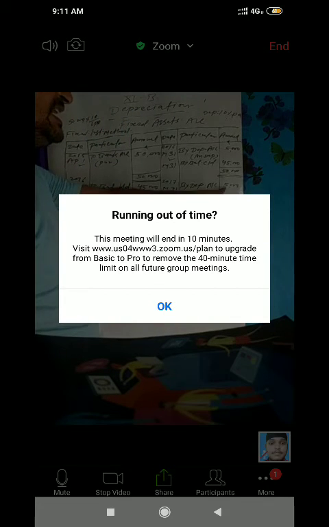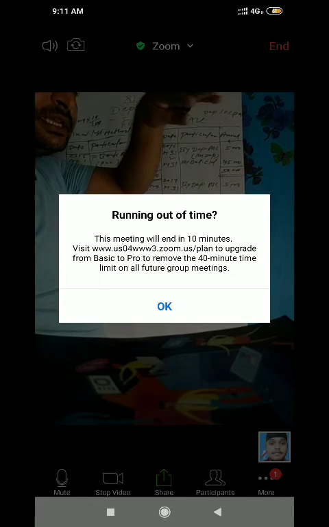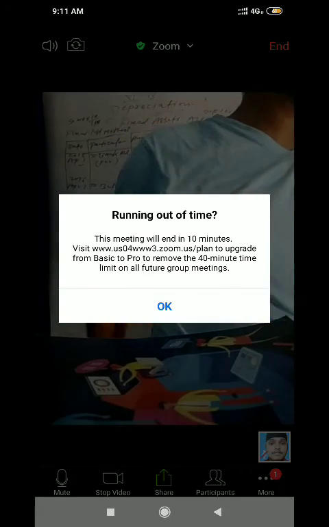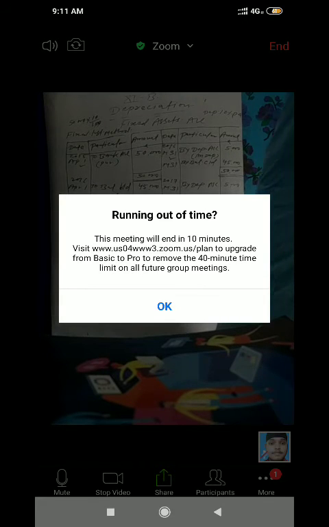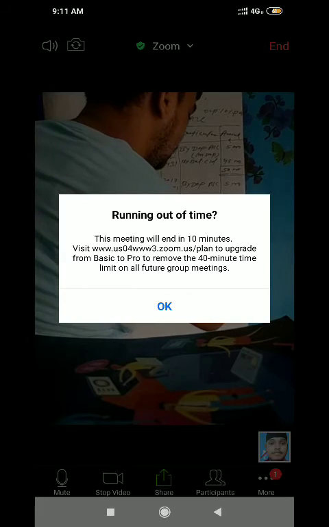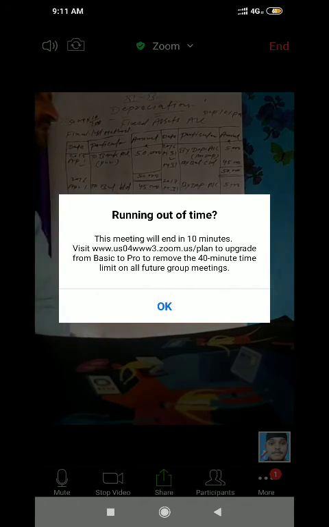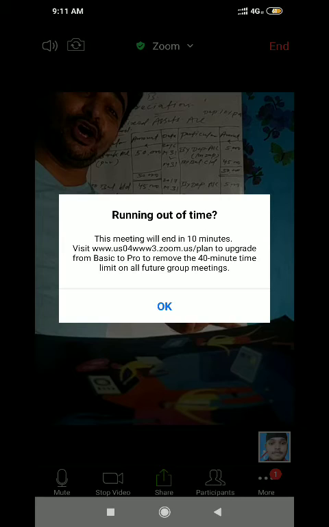For 1 year it is 5,000, so for 6 months it is 2,500. It will be 2,500 for 6 months.